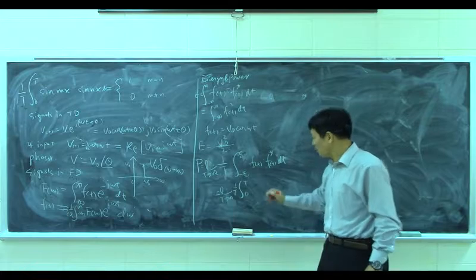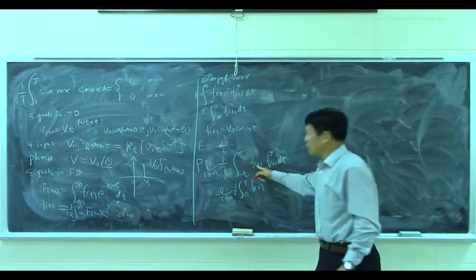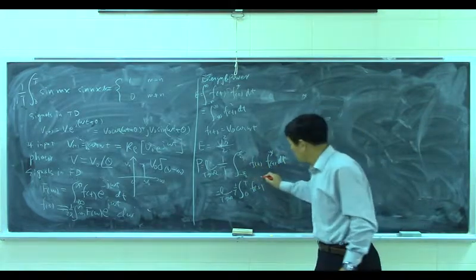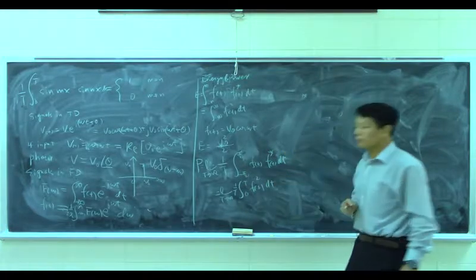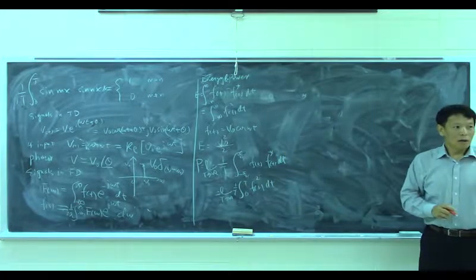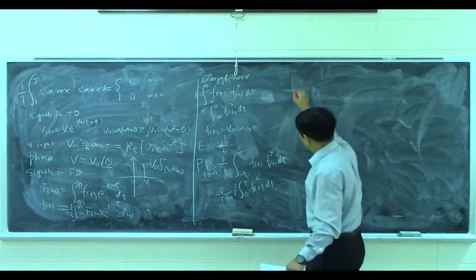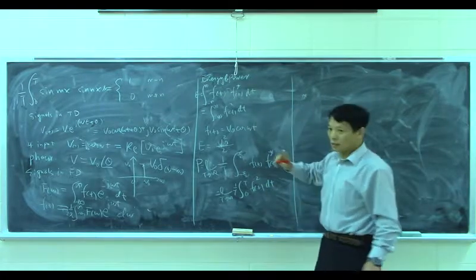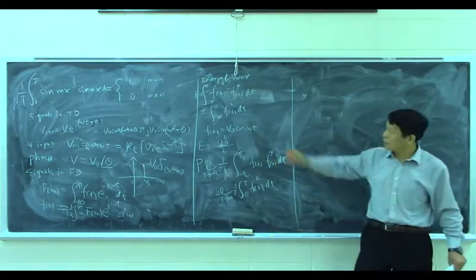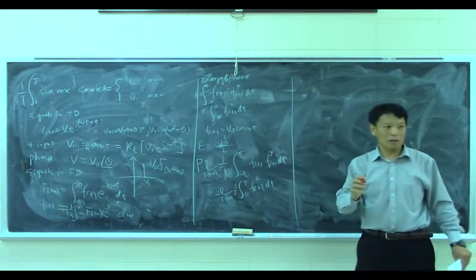Then f(t) squared dt, because this equals this for real signals. So this is the energy of the signal, and this is the power of the signal.